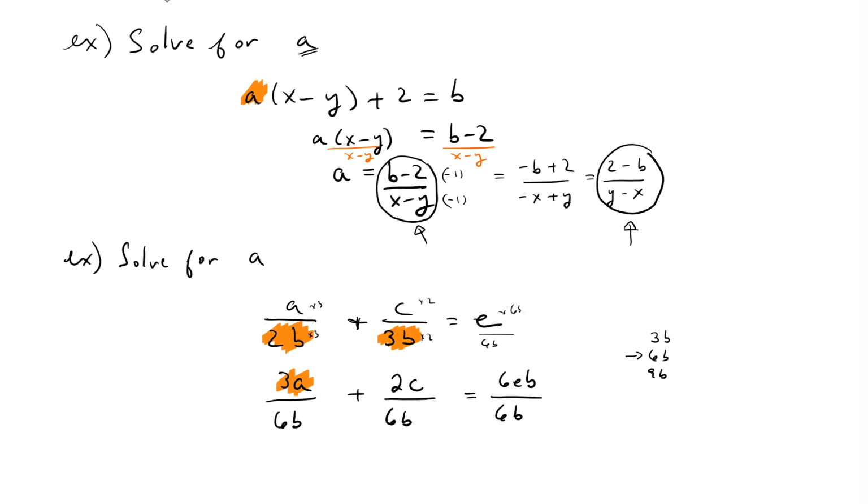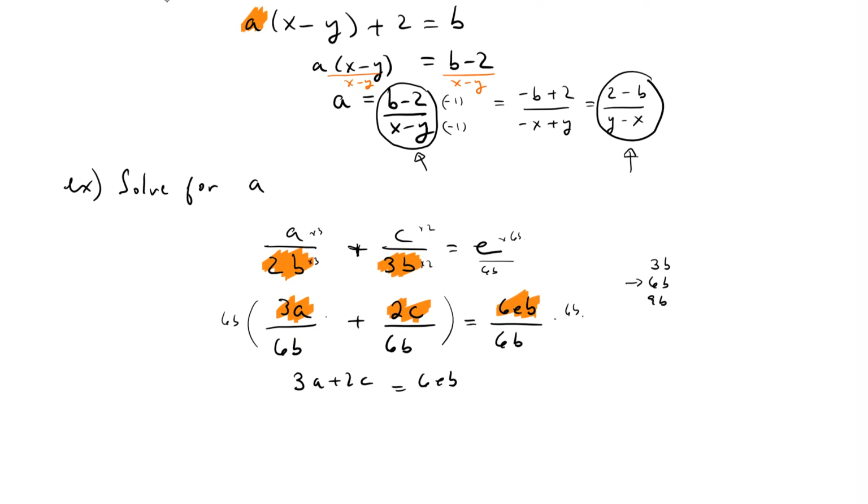And now I'm going to multiply on both sides by 6b everywhere. Because this is the same as 3a plus 2c over 6b, by multiplying by 6b, this is going to go away. So I'm just left with this now.